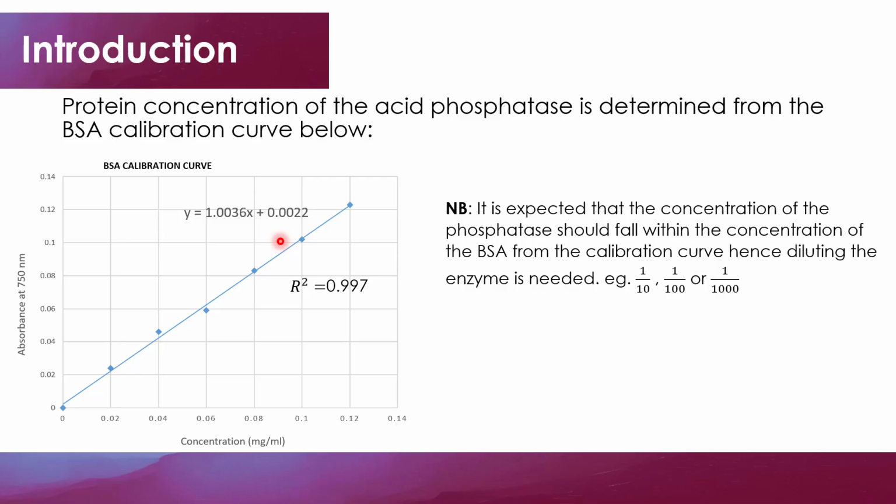And again, what I want us to note is that it is expected that the concentration of our enzyme, which is the acid phosphatase, should fall within the concentration of the BSA from the calibration curve.